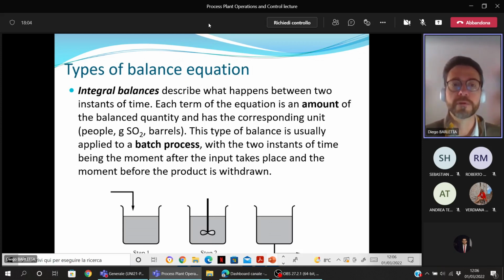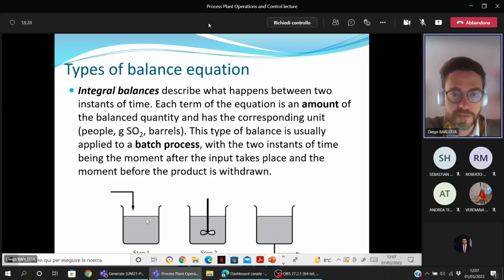we can consider, for example, two different moments. One is when the input takes place, and the other one is when the product is withdrawn. Actually, if we are considering this, we are considering three different steps, not only the final one.